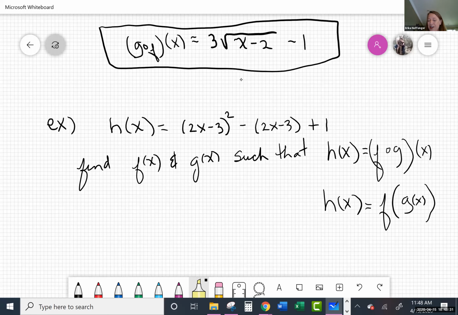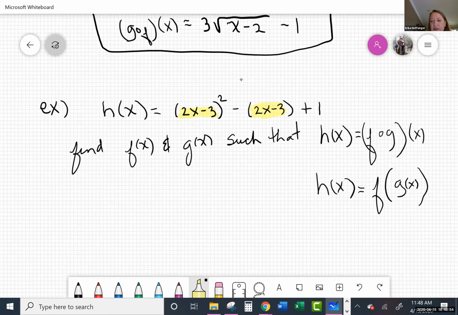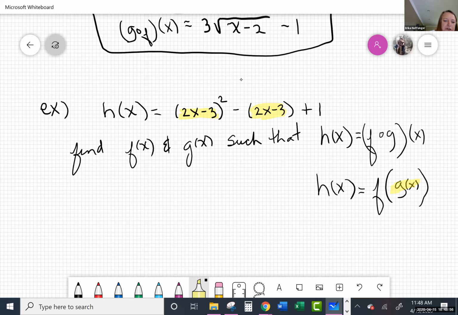A lot of times there's multiple ways that we can do these and there could be different answers. But look at what's repeating itself. If I look at my equation of h of x, I notice that what's repeating itself in here is that parentheses 2x minus 3. So if I treat my inner function to be what is repeating itself, let's choose g of x to equal the 2x minus 3.